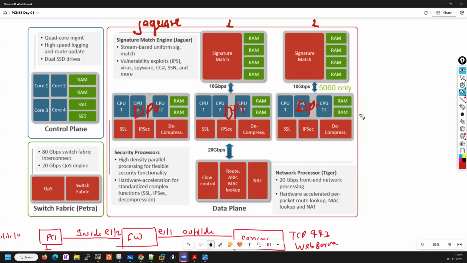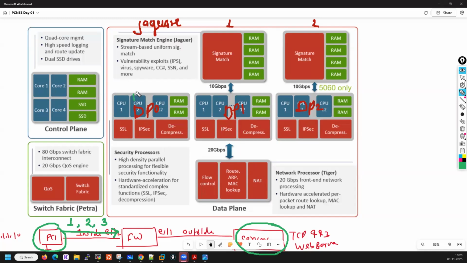Right? This is DP0, DP1, DP2. Now let's take an example. Let me show you something here. Let's suppose from this PC, I have initiated some traffic towards this particular server. Let's suppose from this PC I've initiated 3 packets, packet number 1, packet number 2, and packet number 3. Maybe there is a condition.